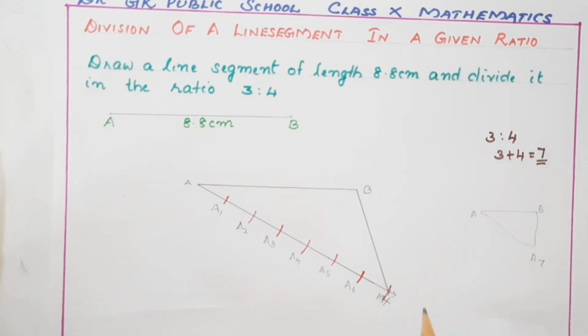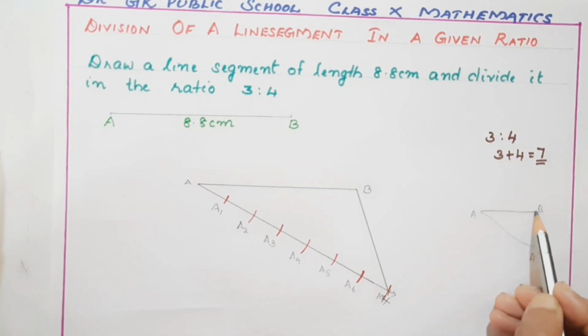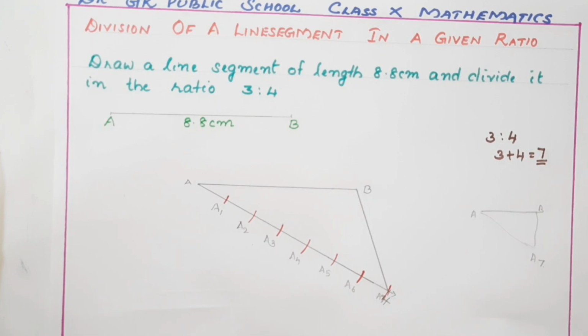Now we are going to apply the basic proportionality theorem to divide this line segment in the ratio 3:4. Okay, so we have already discussed what is basic proportionality theorem.